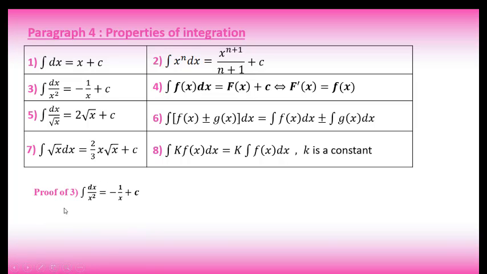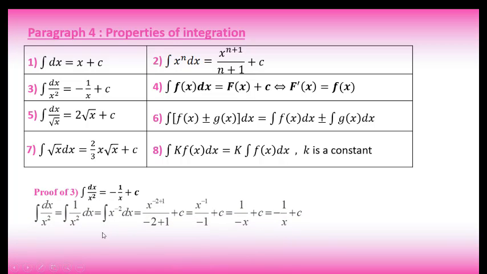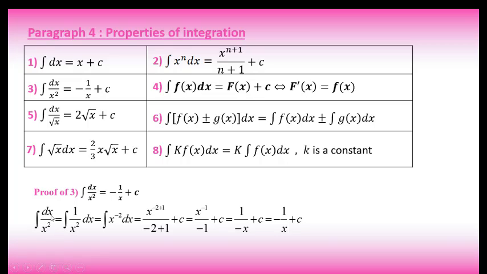Now, proof of 3. Integral dx over x squared equals minus 1 over x. To prove it, we should write it in which form? In the form of x^n dx. Now 1 over x squared in the numerator is x^(-2). Now it is of the form x^n dx, n equals -2.